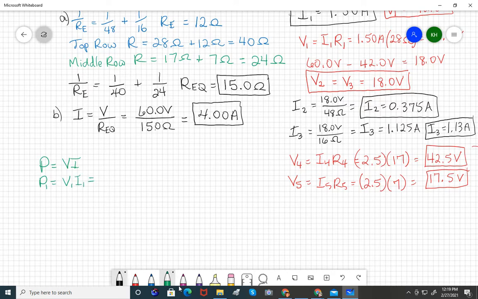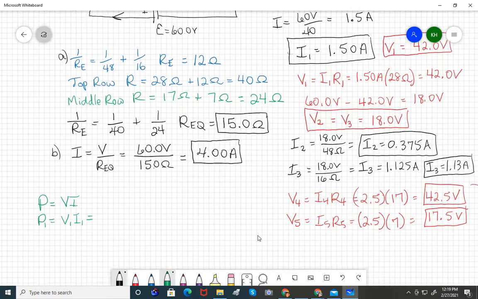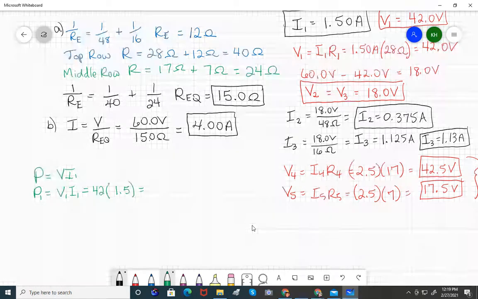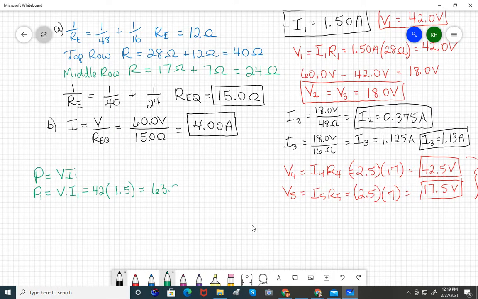The voltage across the first resistor was 42 volts. The current through the first resistor was 1.5 amps. 42 times 1.5 was 63.0 watts.